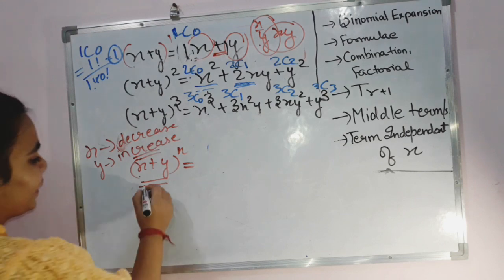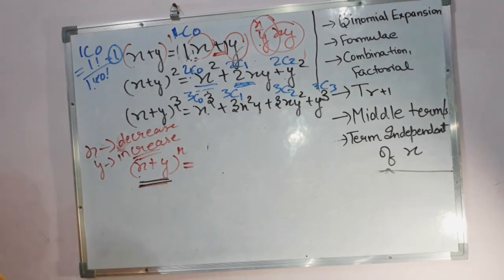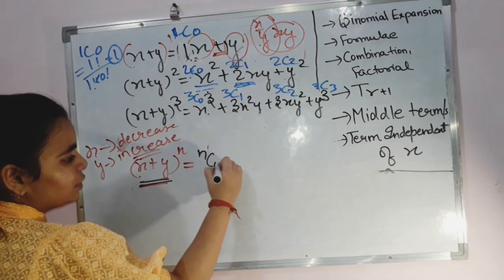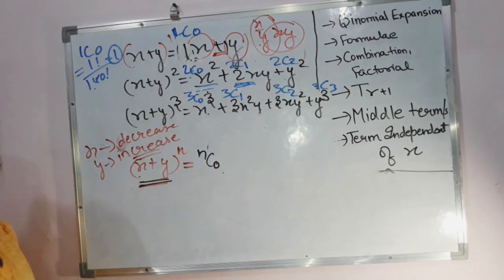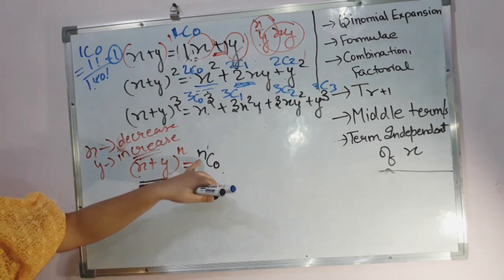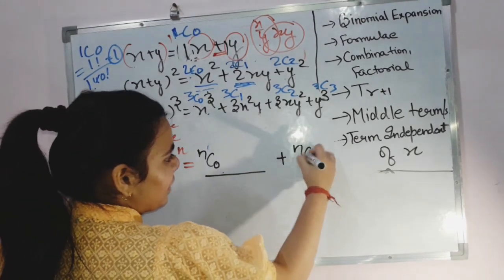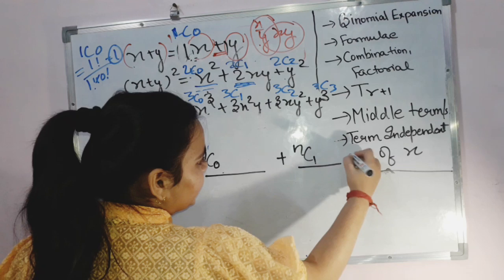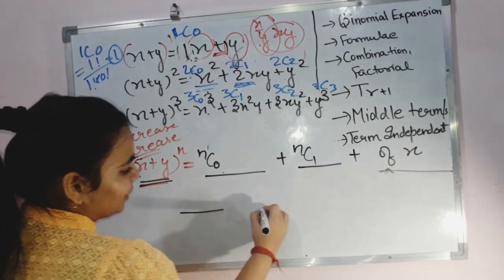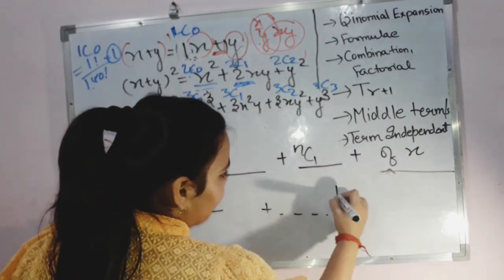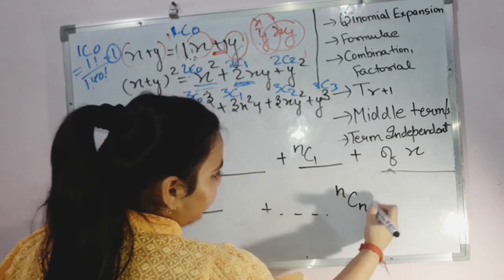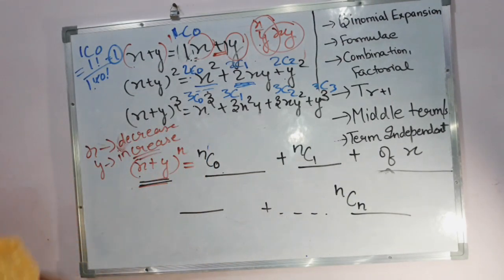I can simply write x plus y raised to the power n as nc0. I can start with n factorial, so that is n number of terms. So nc0, then leaving this term right now, plus you will have nc1, this entire term, plus some other term, up till you will have ncn.